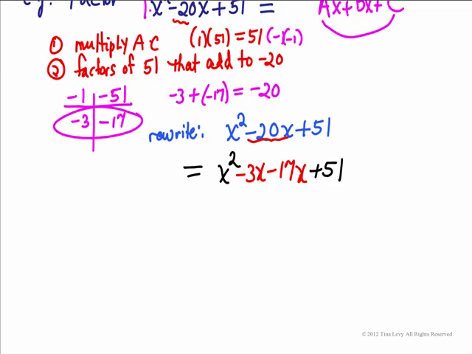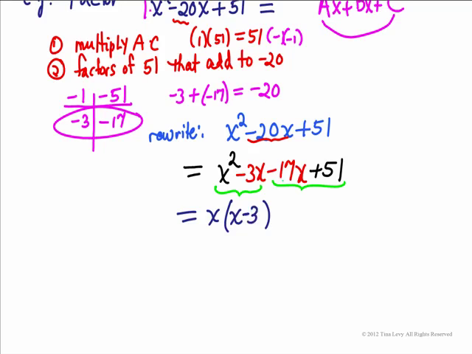Now we're going to do a factor by grouping. We pair the first two, and then we pair the last 2 terms. Working this, we see with the first 2, the factor common to both is x. When we divide x squared by x, we get an x. Negative 3x divided by x is negative 3.